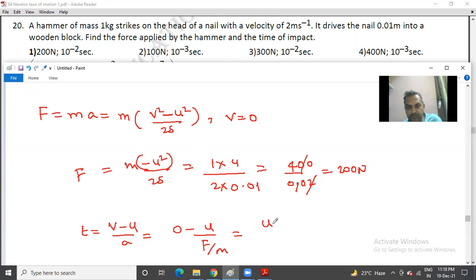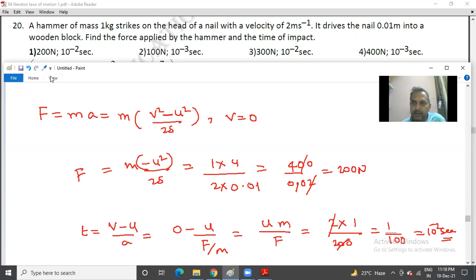Time is always positive, so you can write u into m divided by F. U is 2, m is the hammer's 1 kg, divided by F, which is 200 newtons. Then it will be 1 by 100, so it will be 10 to the power of minus 2 seconds. So the first option is correct.